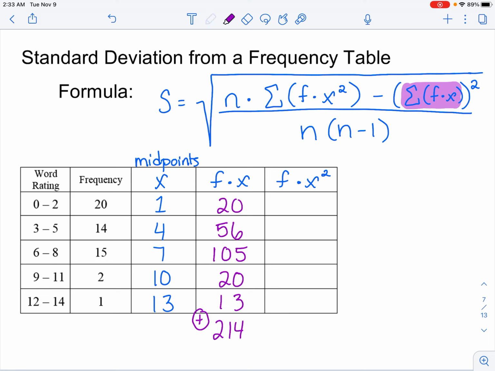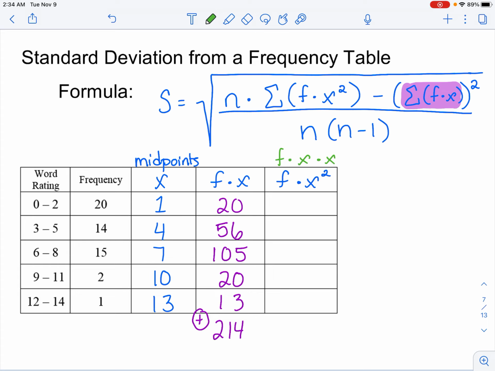All right. Next up, we're going to take a look at the f times x squared numbers. f times x squared means f times x times another x. Well, here's f times x. Here's another x. If I multiply those together, I get f times x squared. So I'm just multiplying the numbers that are next to each other.